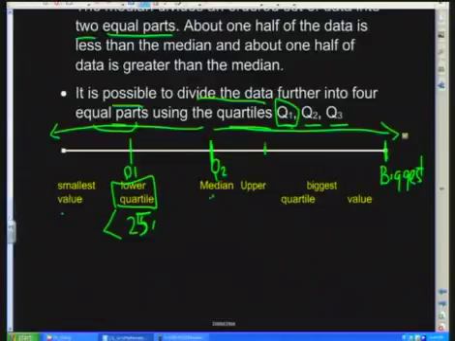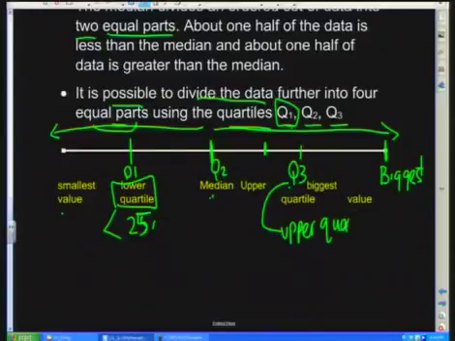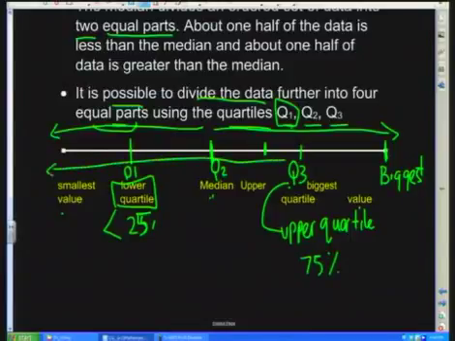And then about 75% of the way up, we call this one Q3. Okay, and Q3 is the upper quartile. It tells you that 75% of your data is less than that specific number.